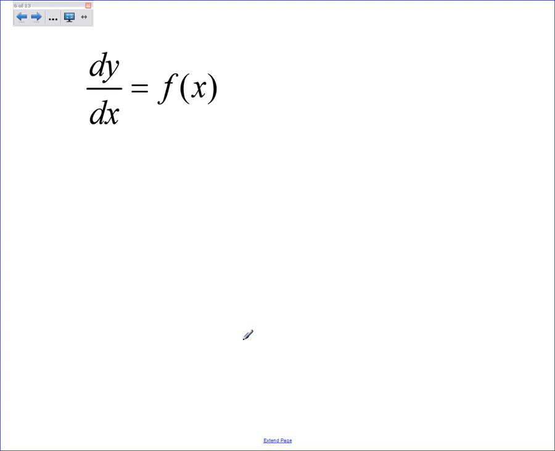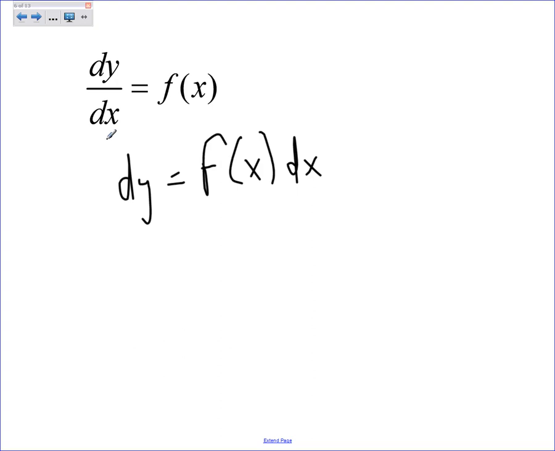So, notation-wise, we're familiar with the derivative, dy dx equals, well, we're not familiar with that notation, but we're going to just say that the derivative, we're going to call that lowercase f of x. Differential form, remember that? That's differential form.